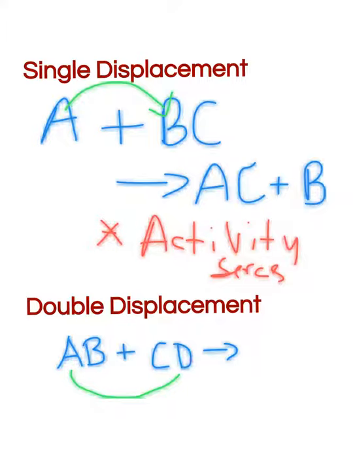And then we're also going to see the cation C combine with the anion from our first compound B. And so what results is compound AD and compound CB. And so we don't need an activity series in this case, which makes it, in some respects, a little bit easier.